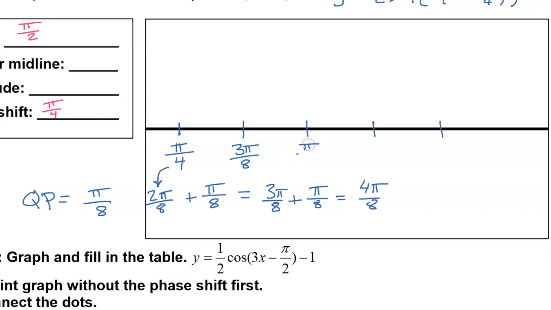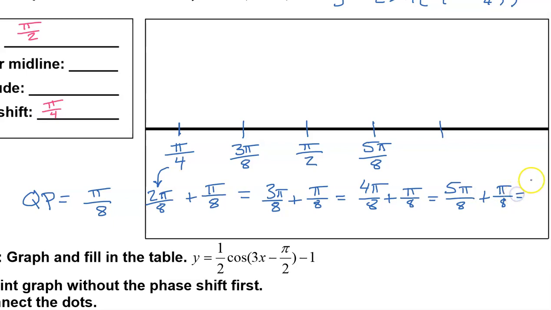So I'm going to go ahead and put pi over 2. Now let's add another quarter period. So we're adding another pi over 8. So that's going to give me 5 pi over 8. All right, so I'm going to have 5 pi over 8 right here. So let's add one more quarter period.